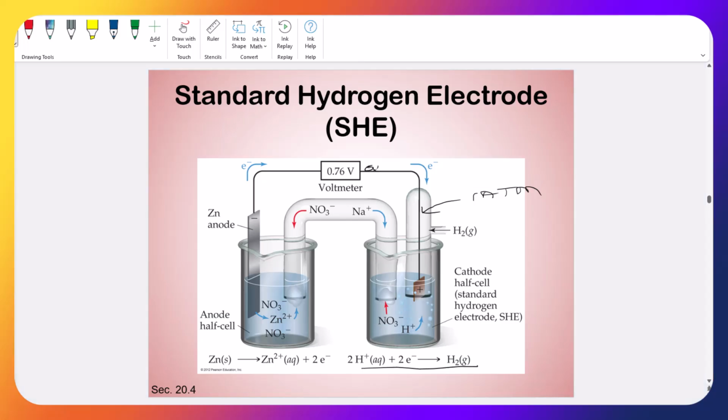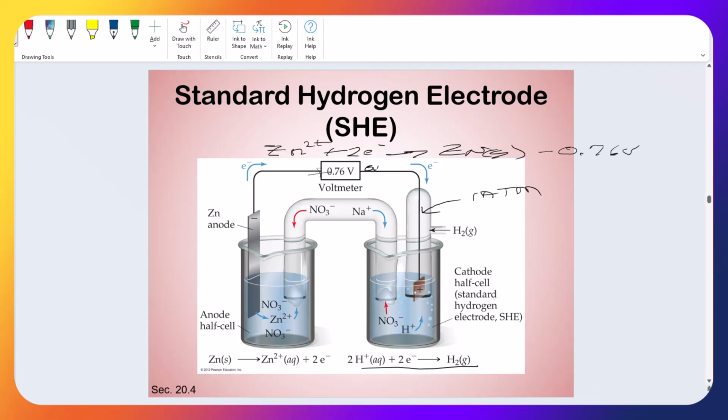Let's look at this another way. If I take zinc 2 plus aqueous and I try to add 2 electrons to form zinc metal, since zinc metal has an oxidation potential that's a positive 0.76, zinc 2 plus would have a reduction potential that is a negative 0.76 volts.